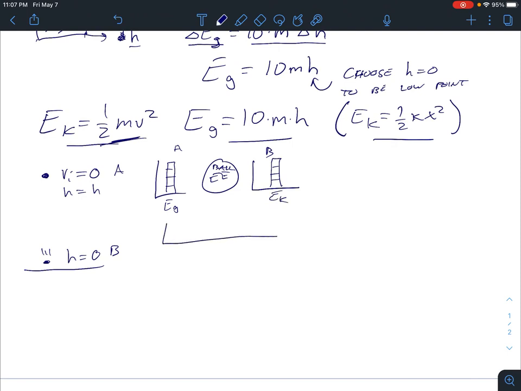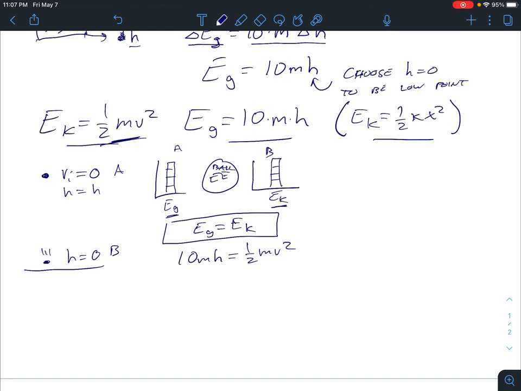And then our equation would very simply be EG equals EK. Right? Whatever we've got here must be equal to whatever we've got here. And now I can actually do some algebra here. I can say EG is equal to mgh, which is 10mh, and EK is equal to 1/2 mv squared.